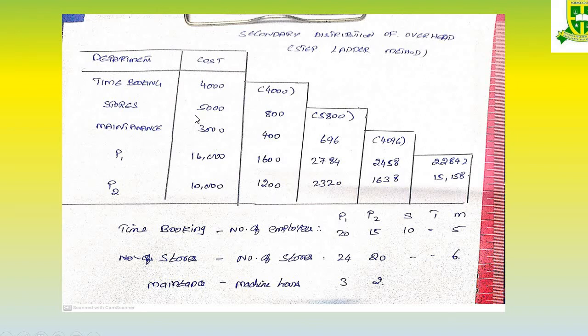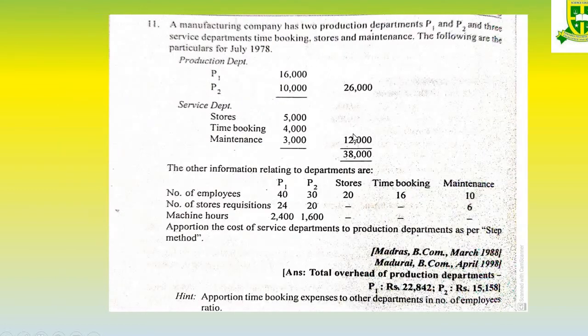The next one is the stores department. For the stores department, there are two items already allocated, 5,000 and 800. Now you have to make 5,800 as 0. The maintenance has to be based on the machine hours. So the second one is number of stores requisition. For this we have to take stores, as the stores will be based on the number of stores requisition.